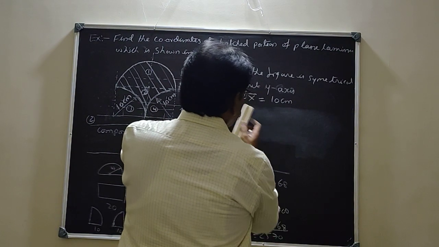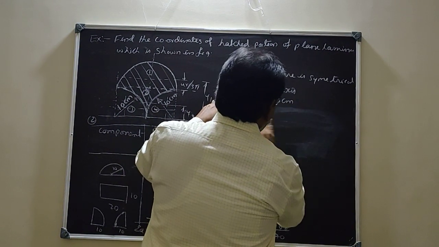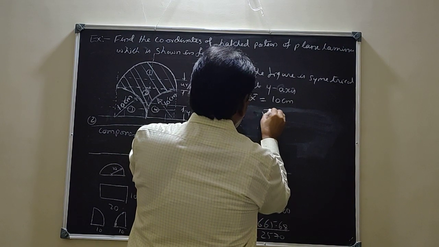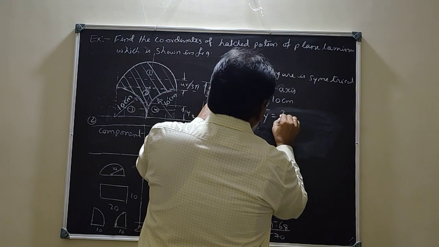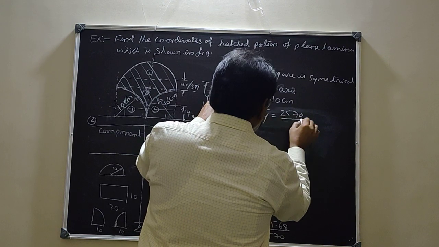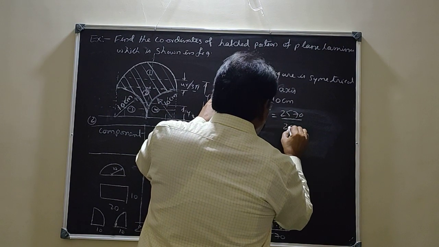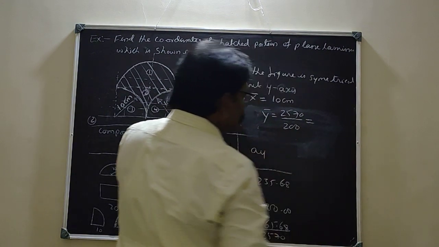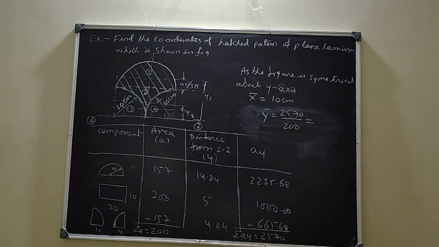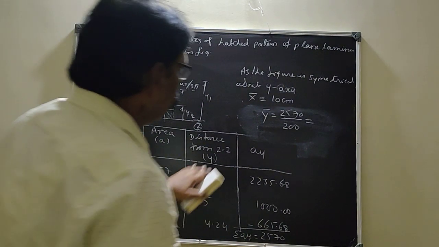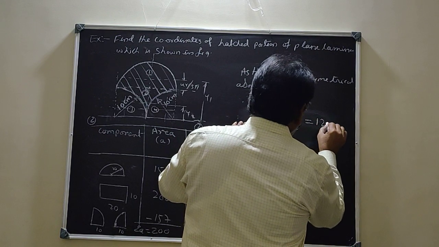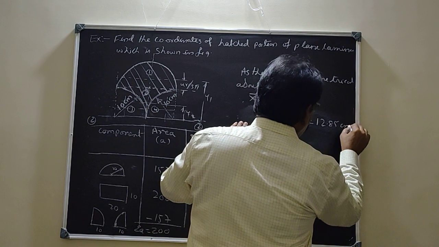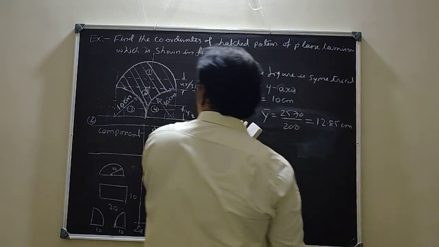Y bar is equal to 2570 divided by 200, which works out to be 12.85 centimeter from the reference line.